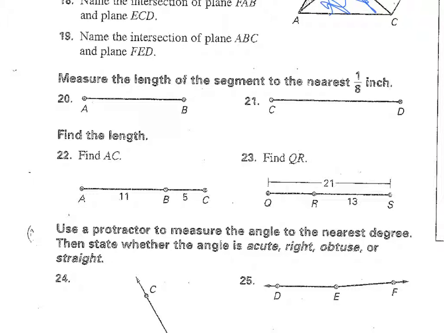On number 20 and 21, you need to measure the line segment to the nearest eighth of an inch. So remember, on your ruler, if this were 1 inch and that's 2 inches, there's your half. This is the 1/4 inch line. You're looking at the next size down.